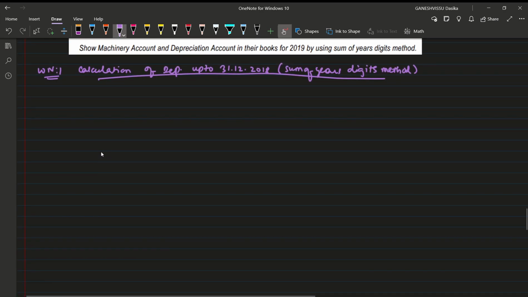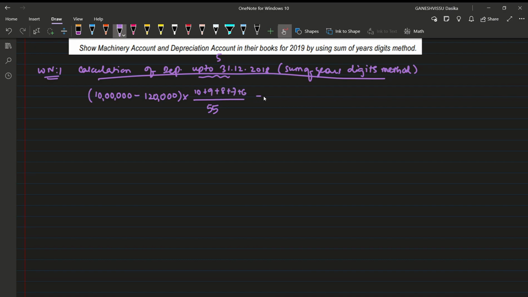So simply we need to write the cost of the asset minus scrap value 1,20,000, into what? We need to divide it by the total of digits of useful life, that means 10 plus 9 plus 8 and so on up to 1. We have calculated that as 55, and up to 2018, in the sense 5 years, 10 plus 9 plus 8 plus 7 plus 6.